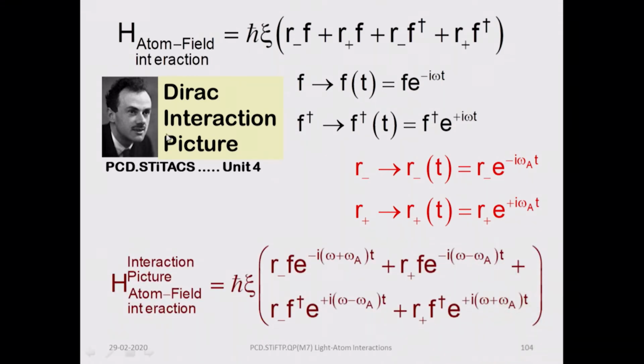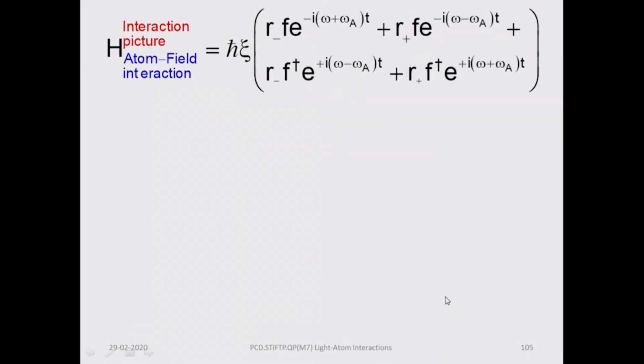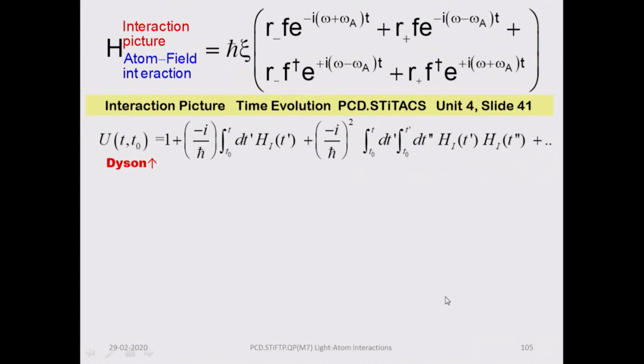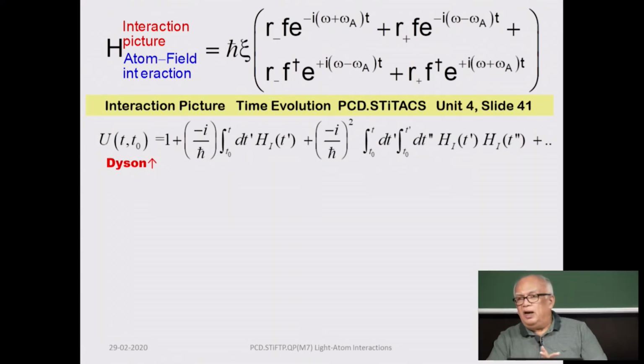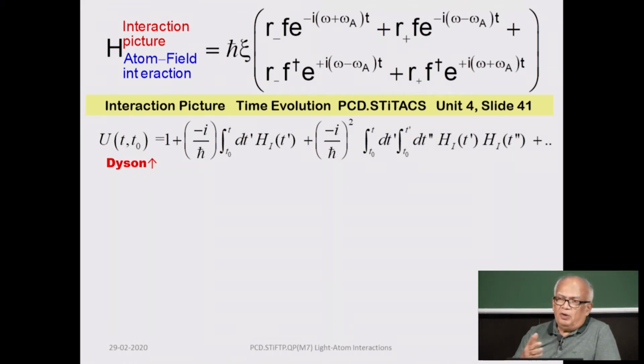Okay. So, now in the interaction picture, this atom field interaction is now written with all of these operators written as time dependent interaction picture operators. And now the time evolution, again this is something which I have discussed in some details in an earlier course, so I will not repeat it here, but you will find it on the internet on the special topics in the theory of atomic collisions and spectroscopy.